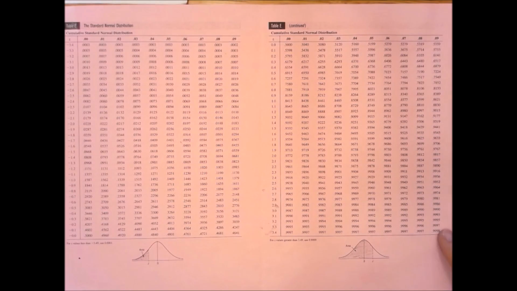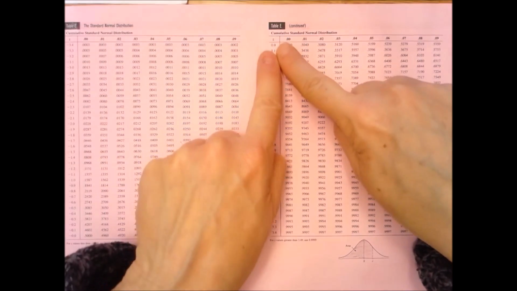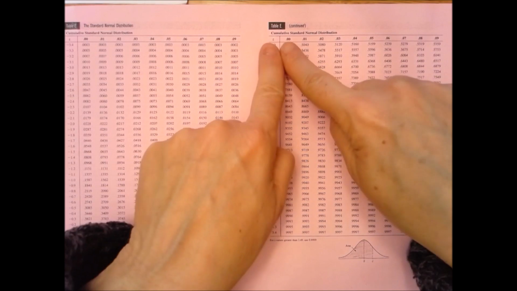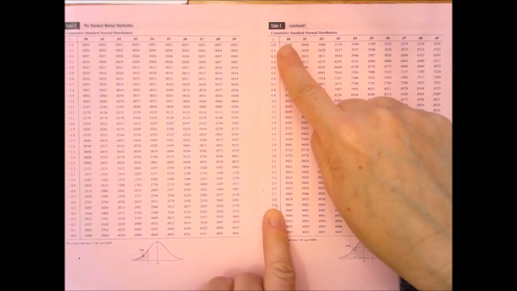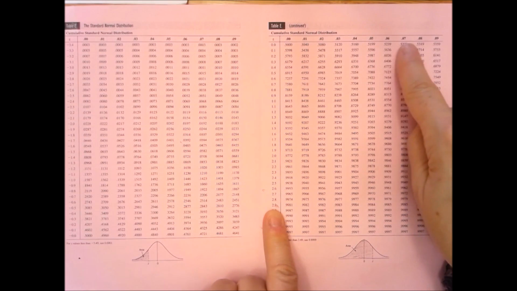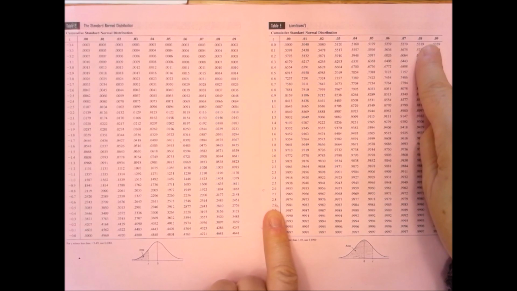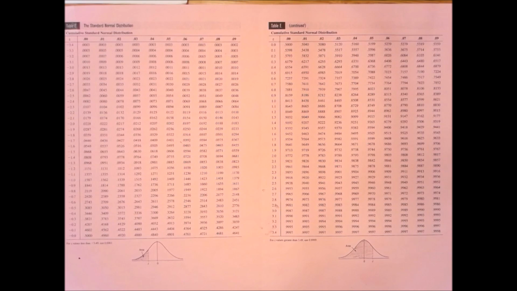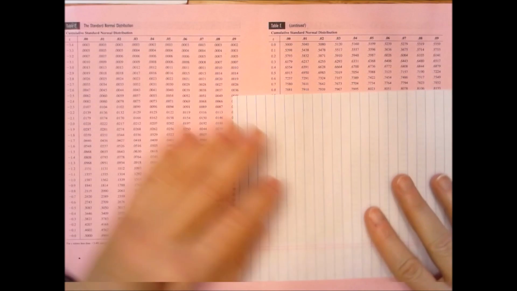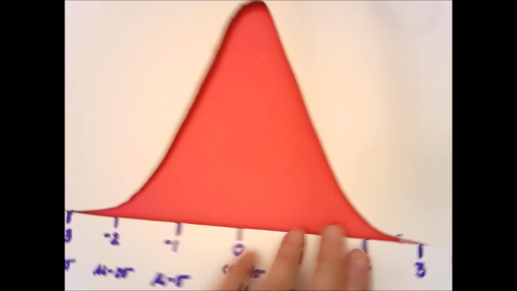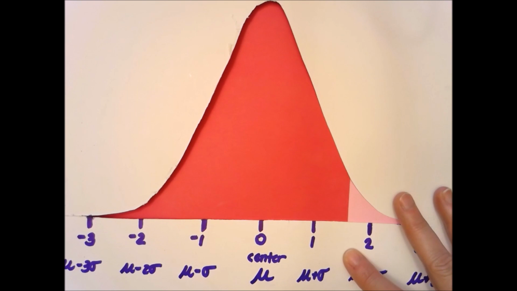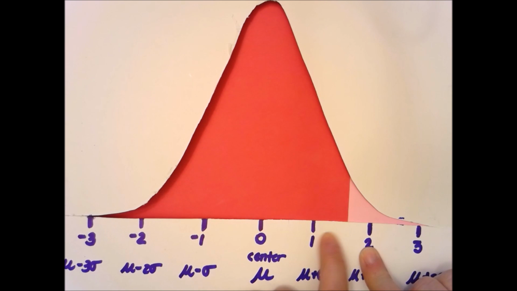This table is broken up into two pieces. Z is actually broken up into two pieces. The units place value and the tenths place value are in the first column, and the hundredths place value is in the first row. If I take a piece of paper, a straight edge, anything, and I want to look up a value, let's say about here, between 1 and 2, a little bit more than half, let's say 1.63.